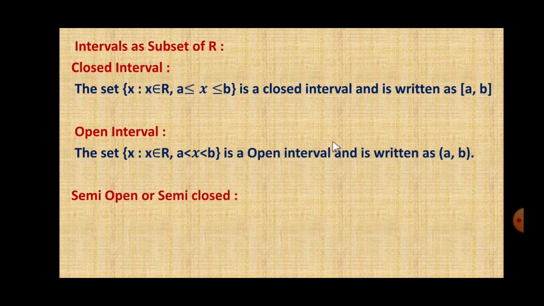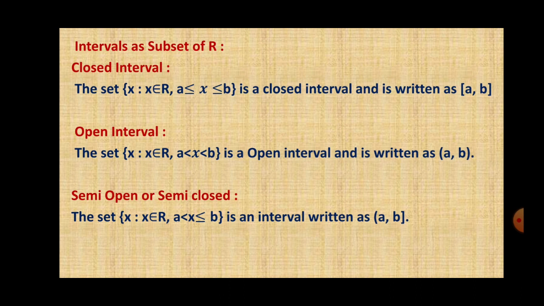The next one is semi-open, semi-closed. The set of X such that X belongs to R, X is greater than A and less than or equal to B is an interval written as open interval A comma B closed interval. So in this one, A is not included but B is included. So whenever closed interval is there, that value is also included.